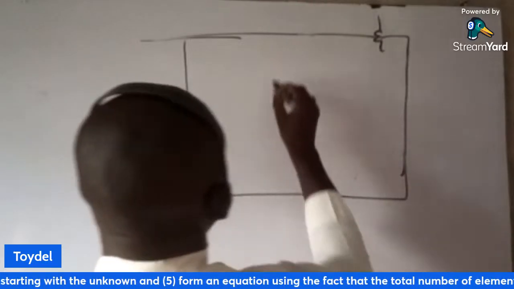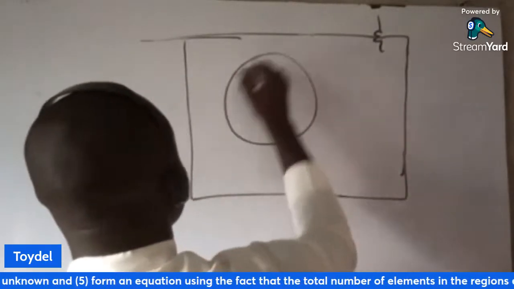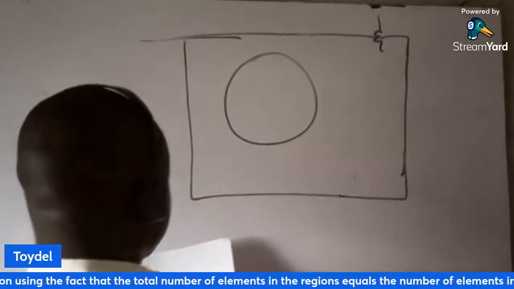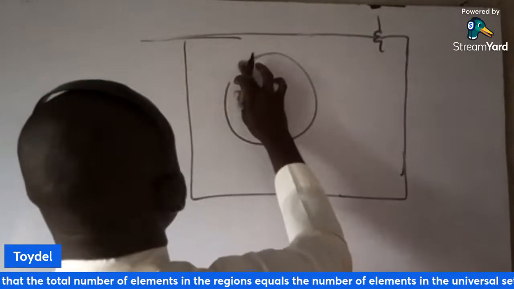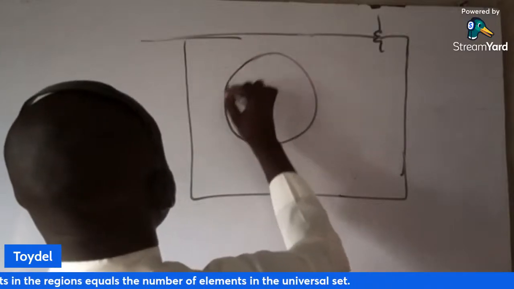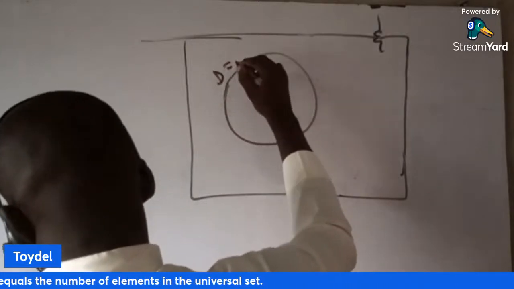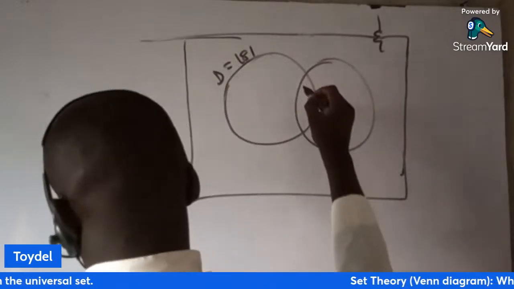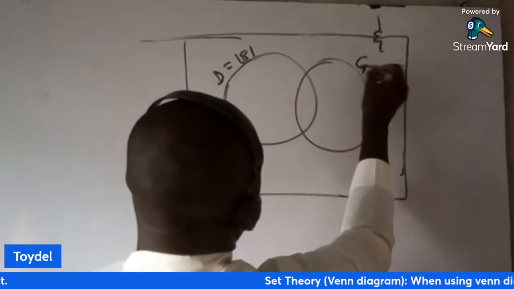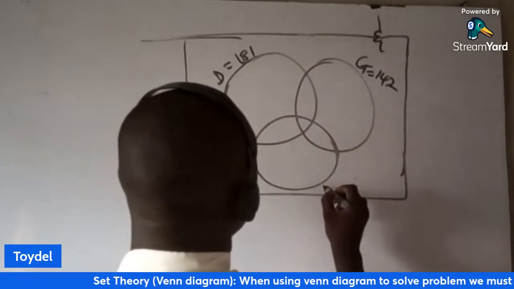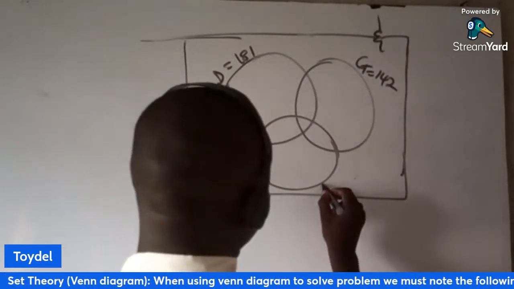The first one is the Daily Times readers, D, and we have 181 of them. Then we have the Guardian readers, 142. Lastly, we have those that read Punch, P, 117.